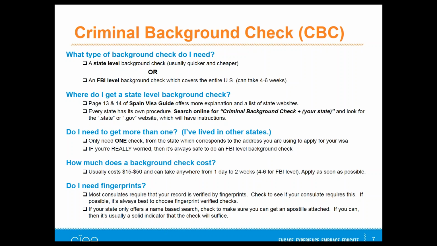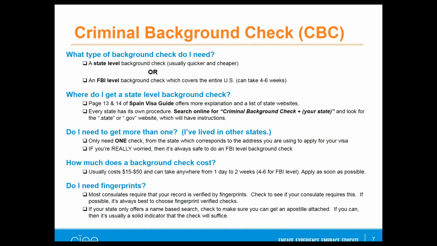So a participant's asking, how do we prove that it was done by fingerprints? Because a lot of times when you get a fingerprint background check, they don't mail you the fingerprints back. They're just going to send you the results.